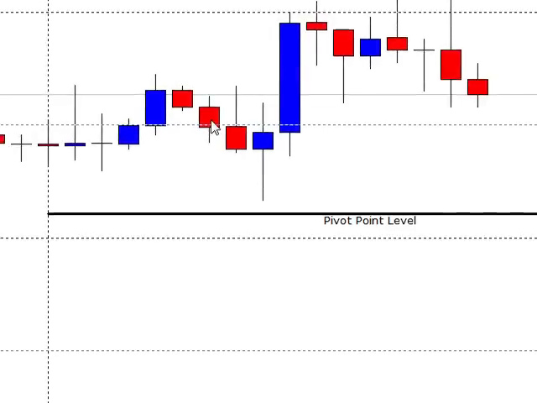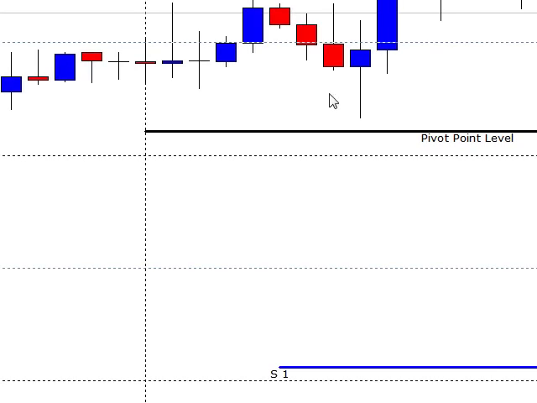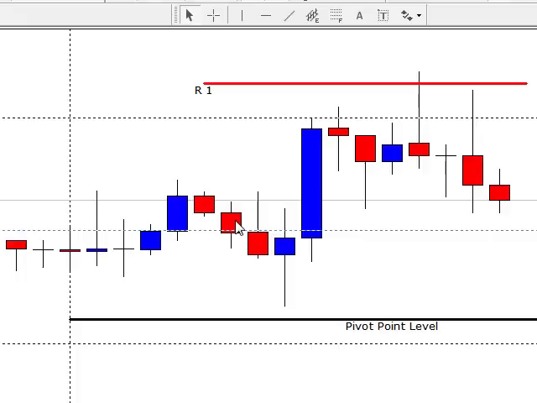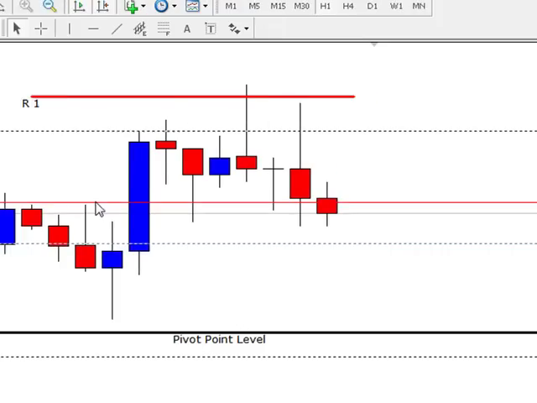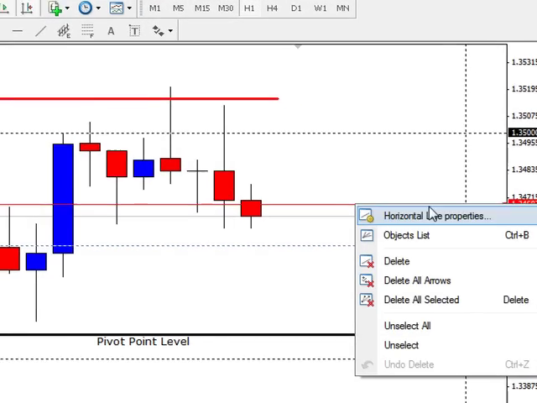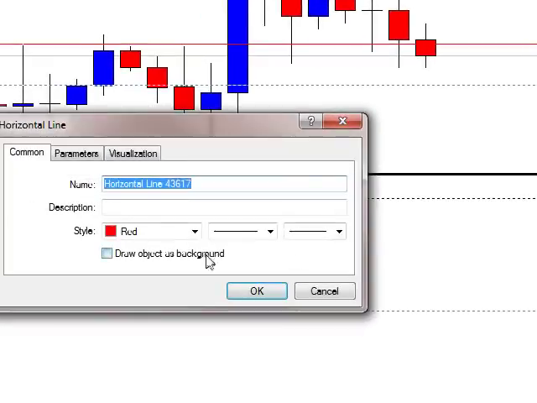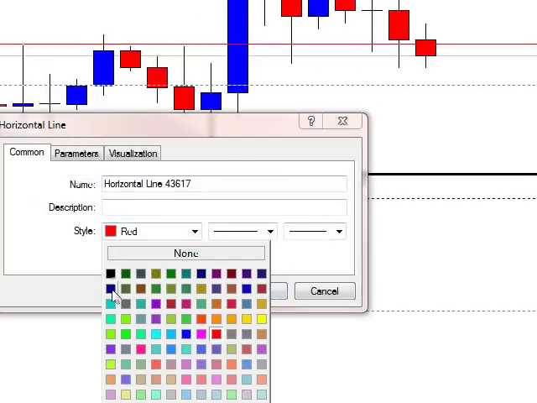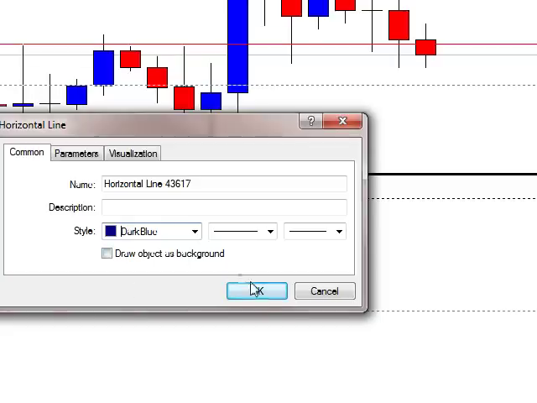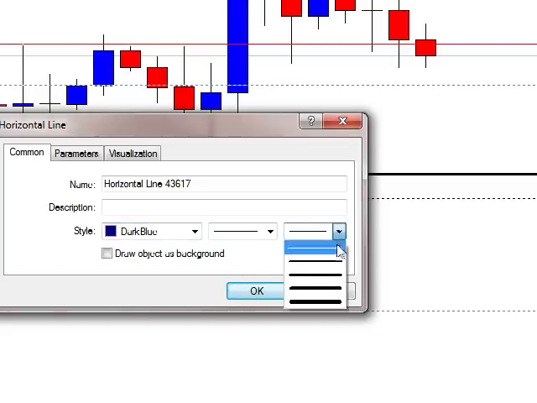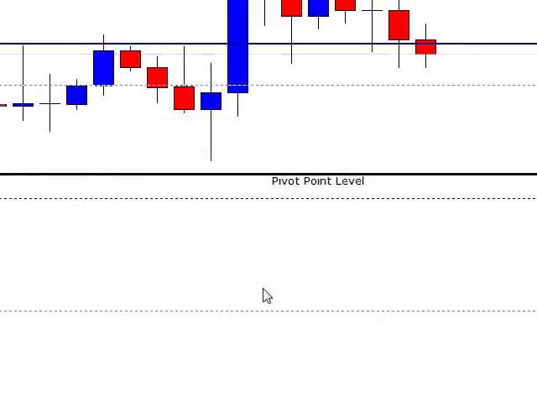So, here was our opening candle, which is right here, okay? This is 2 o'clock in the morning. Let me change the color on that. Let's make that blue, and let's thicken up the line. Maybe I should make it black.